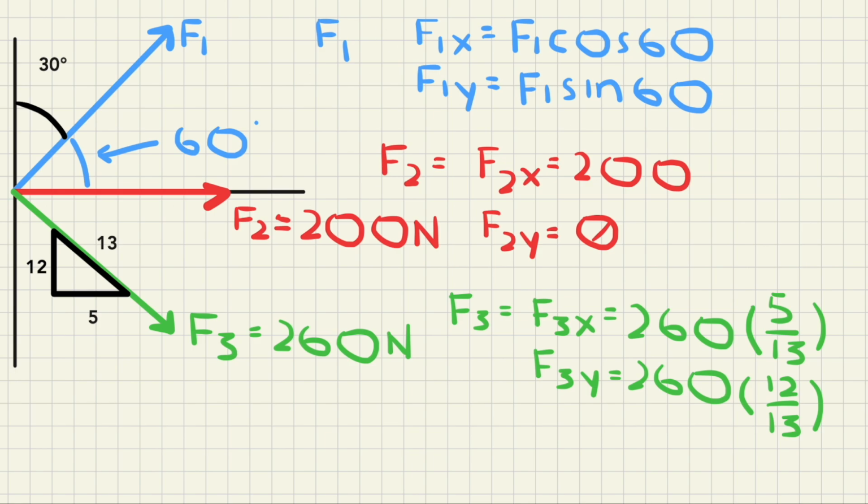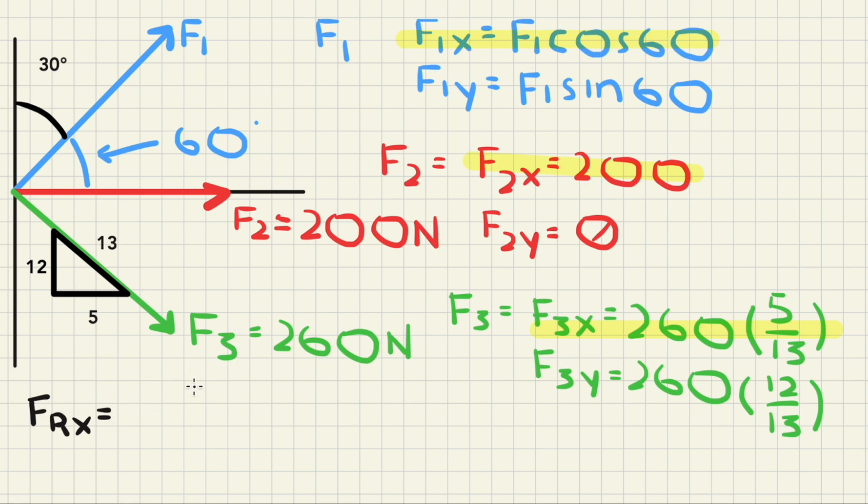Now that I have this, I want to add up all of my x components together. So these are all of my x components. We're going to take the x of F1, F2, and F3, and we're going to use it to find the x of the resultant. And the way that we can do that is we're just going to add this up.